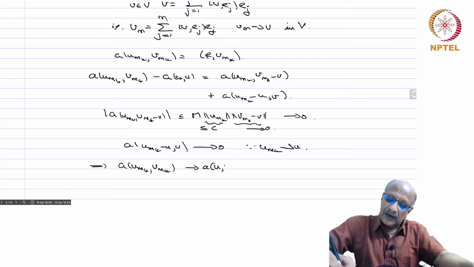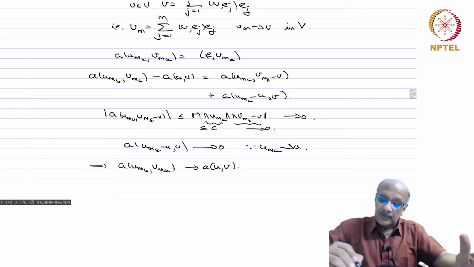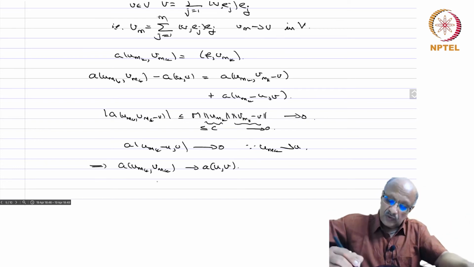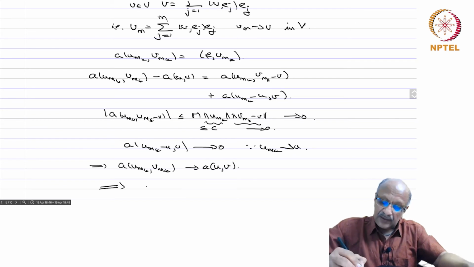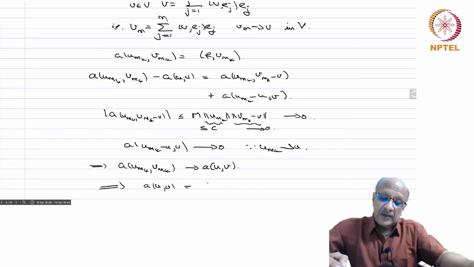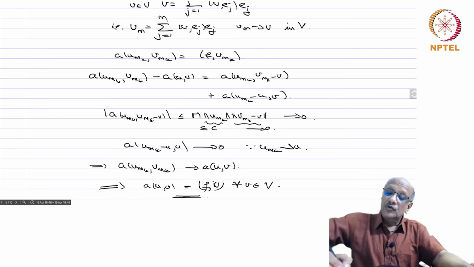I have just repeated the fact that if you have a continuous bilinear form in a Hilbert space, with one weak convergence and one norm convergence, then the limit will be the correct one which you expect. And therefore this implies that A(u,V) equals F(V), this one of course converges to F(V) because V_mk converges to V. Therefore A(u,V) equals F(V) for every V in V, and therefore you have a solution to this problem.